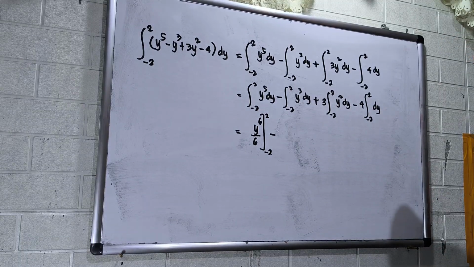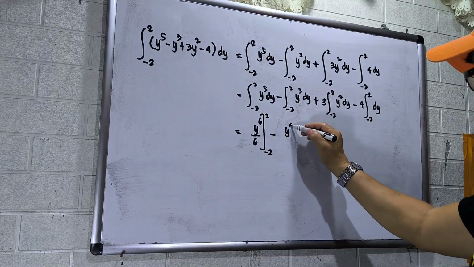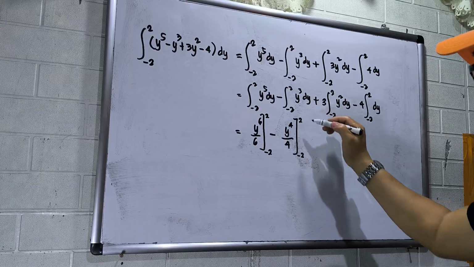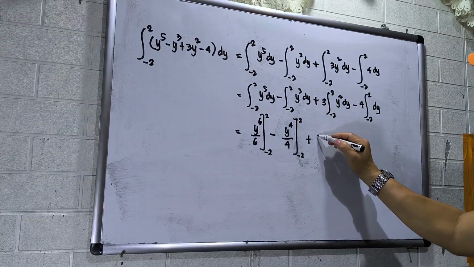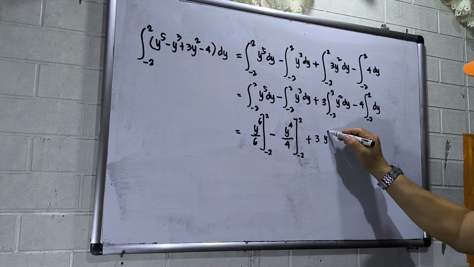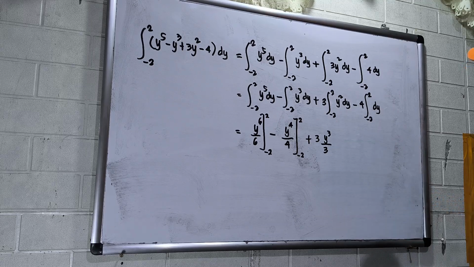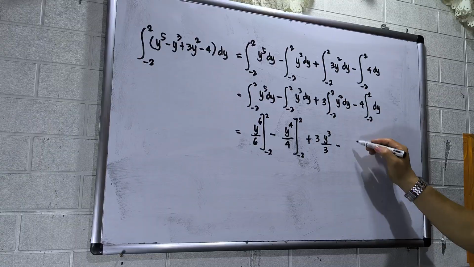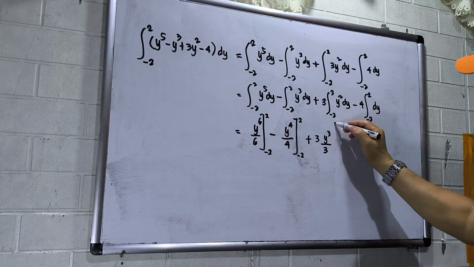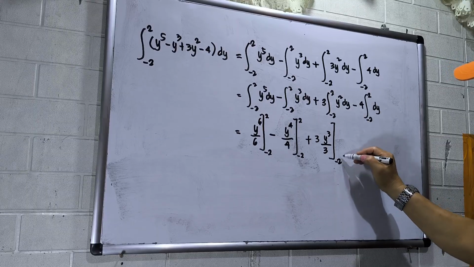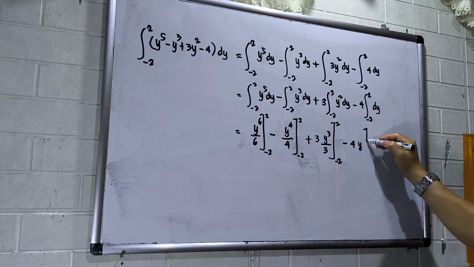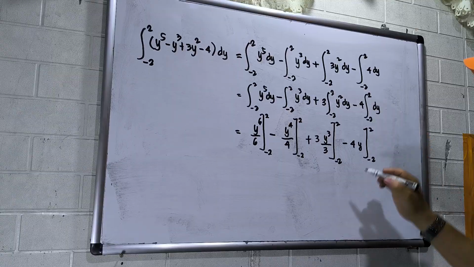Integrate y cubed dy. So this will be y to the 4th over 4, limits from negative 2 to positive 2. Plus 3, integrate y squared dy, so this will be y cubed over 3. Then integrate dy, that will be 4y. Sorry, there must be limits in here, limits from negative 2 to positive 2. Then minus 4y, limits from negative 2 to 2.